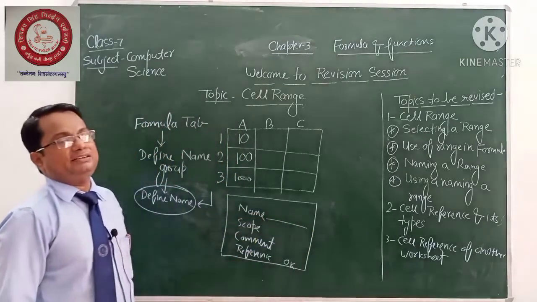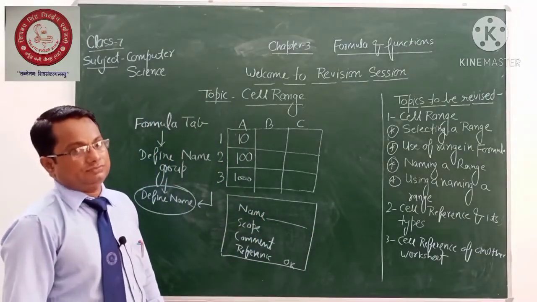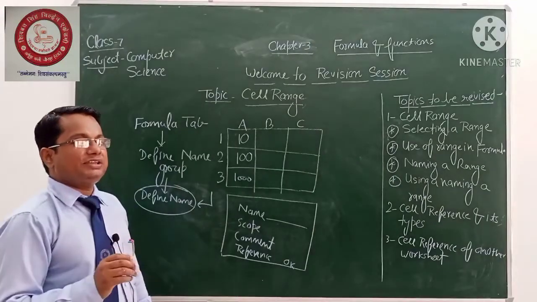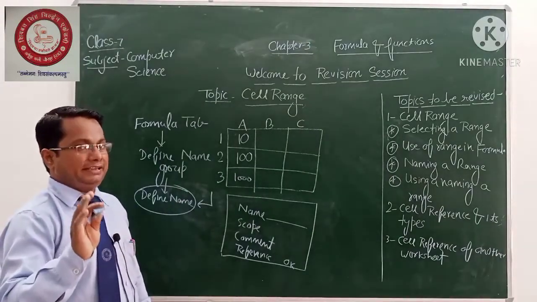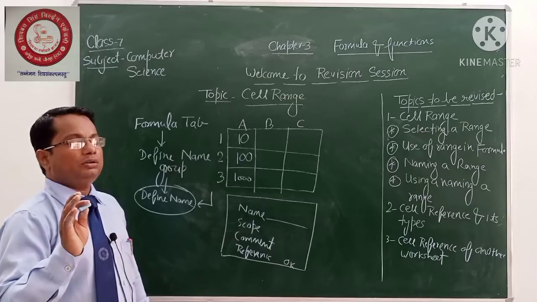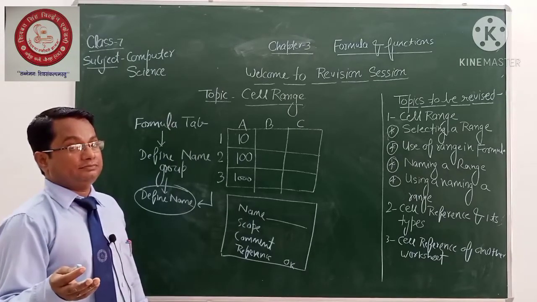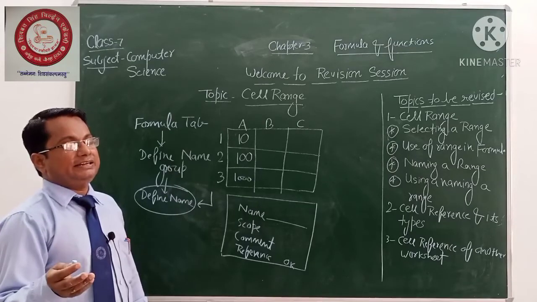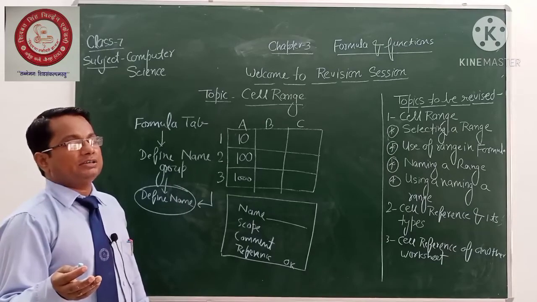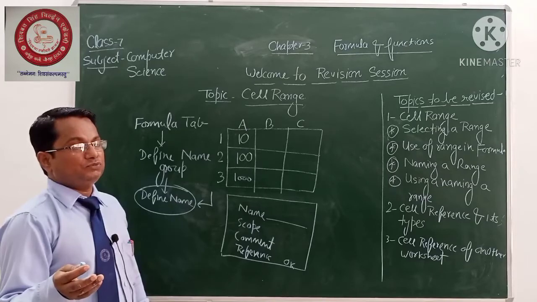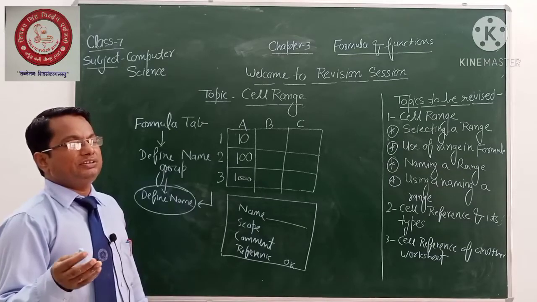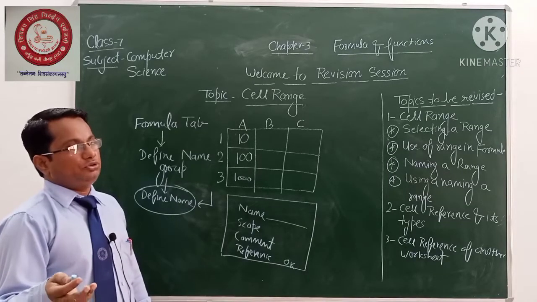Here you will define the name of the range. Please make sure that whenever you are defining the name, your name is relevant to the particular data. Like if your data is related to money, or to a date or year, you can use that.